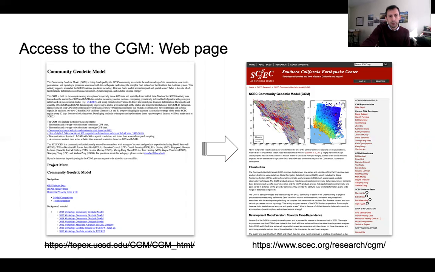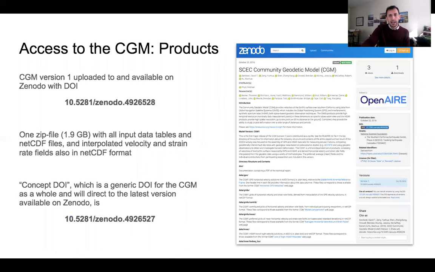The CGM1 products have also been uploaded to Zenodo, which can be downloaded there using the DOI at the top there. It's one zip file, includes all the data tables and the NetCDF files of the InSAR and also the strain rate fields.